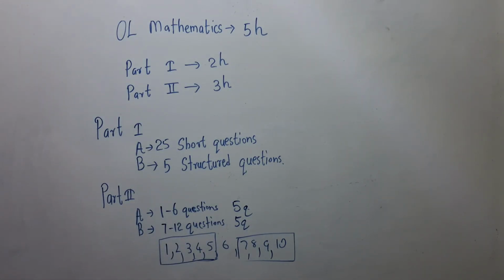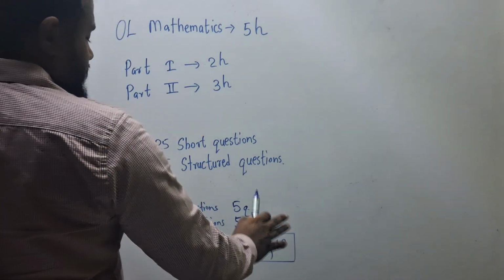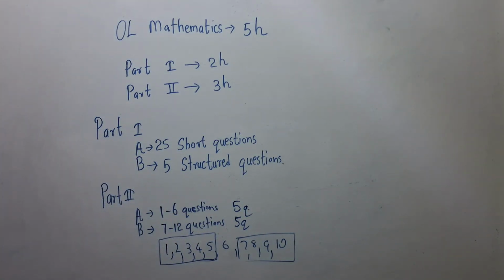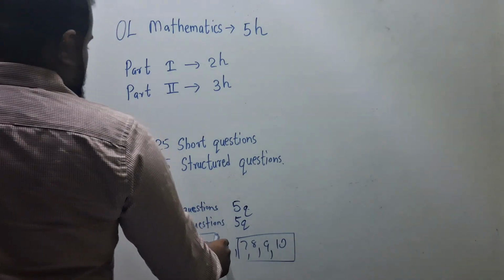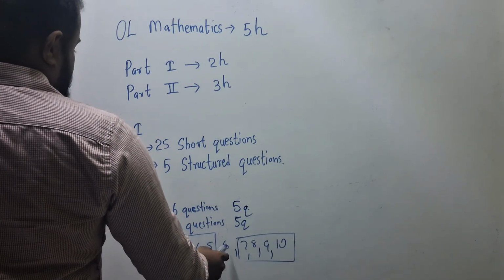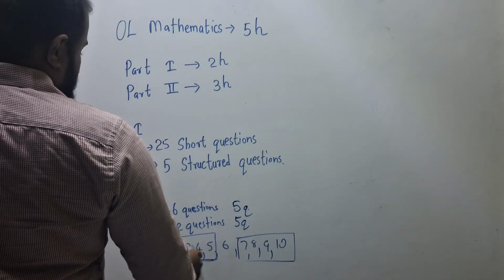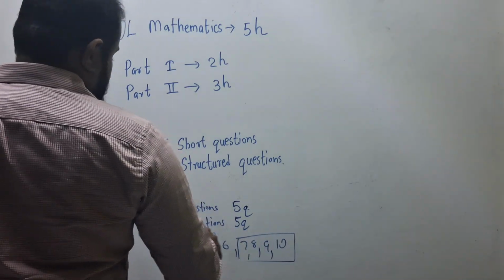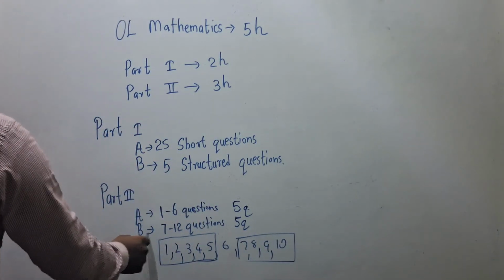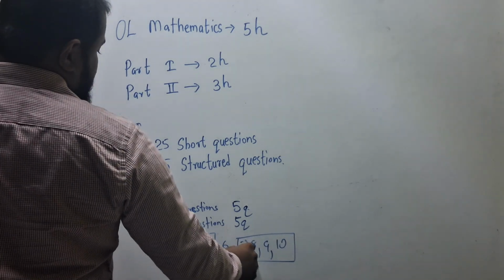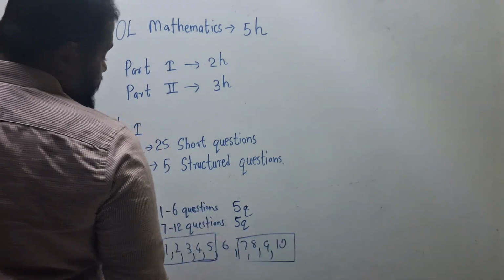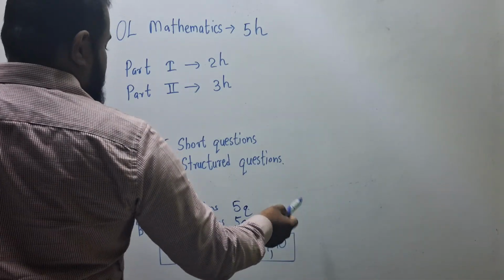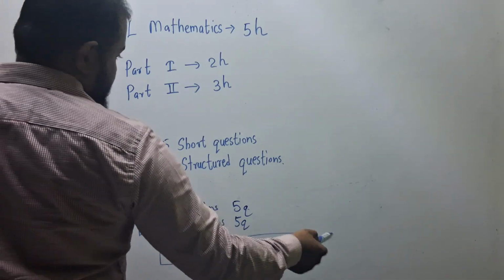So the allocated mark for one question is missing. You have to choose carefully. From the first part, 1, 2, 3, 4, and from the second part, part B, we have to choose which questions we are doing: 7, 8, 9, 10, no, 11, or 7, 9, 10, 11 and 12.